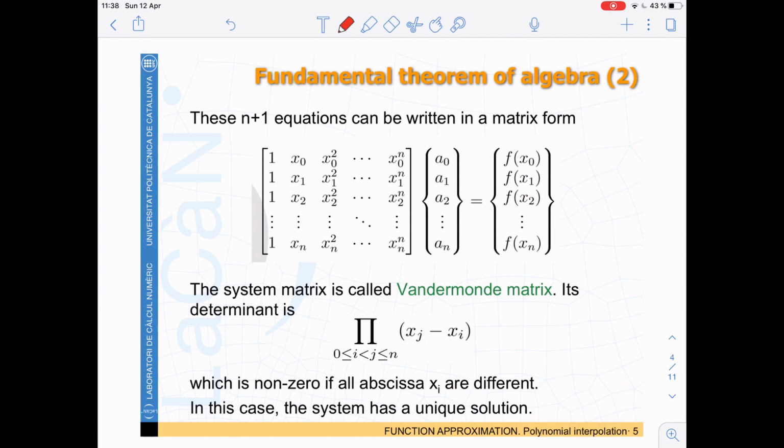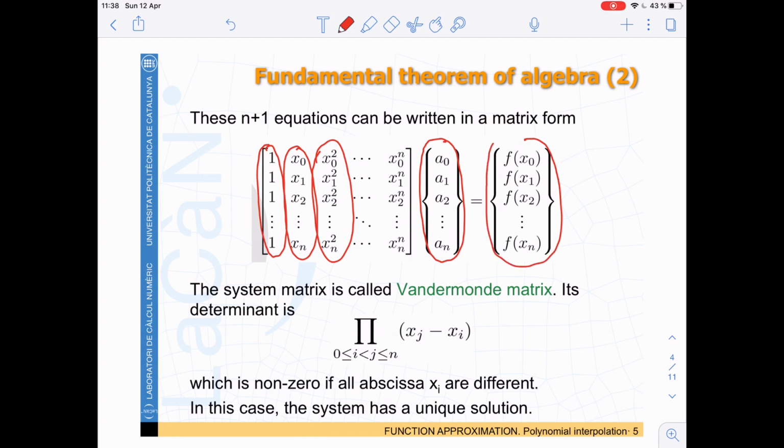Now, if we write this system of equations in matrix form, we can see how the first column of the matrix contains 1s, the second column contains the xi, the third column the x squared, and so on. Unknowns are the coefficients of the polynomial to be determined, and the right-hand side vector contains the images f(xi).